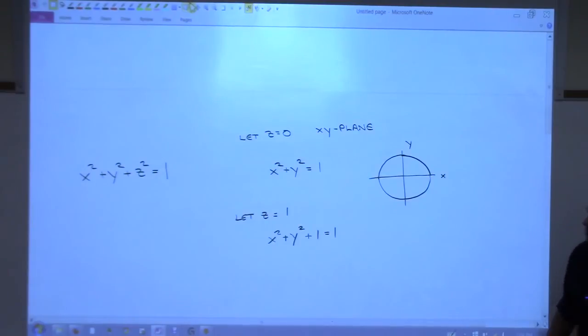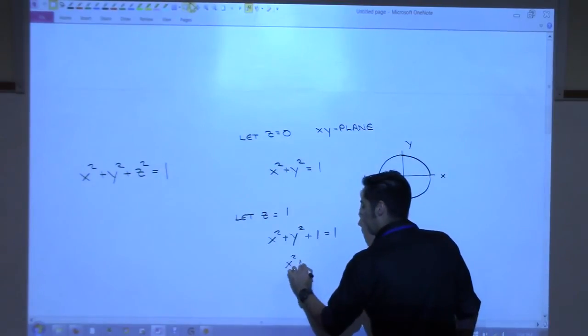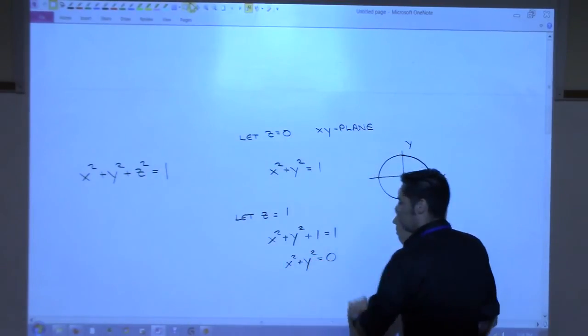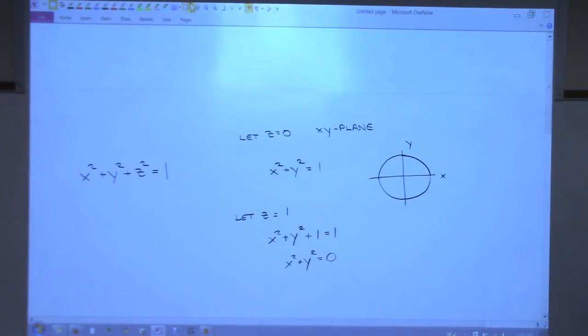And what would that be? X squared plus y squared equals 0. Uh-oh. That is a circle with radius 0, which means it's a point.